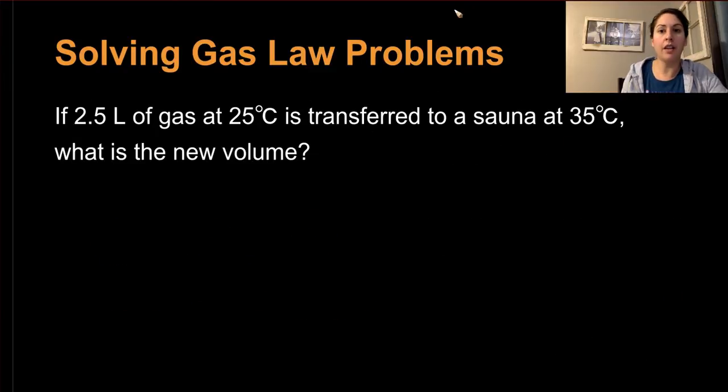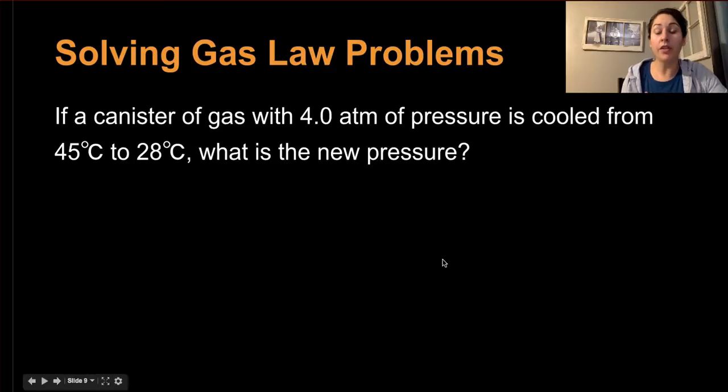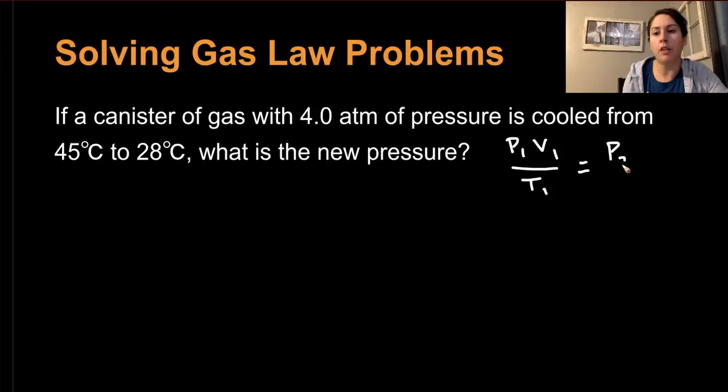Okay, let's take a look at another one here. This one is going to be with pressure and temperature, and what we see is that it's very similar to what we just looked at. So if we take a look, P1 V1 over T1 equals P2 V2 over T2.